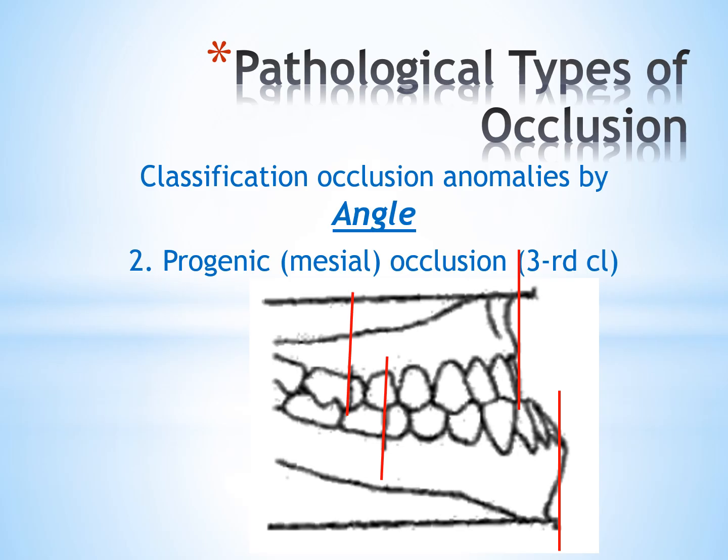Let's talk about advantages and disadvantages of this classification, the Angle classification. Nowadays it is the most widespread classification around the world, and I hope you know why. Because it is a simple classification.